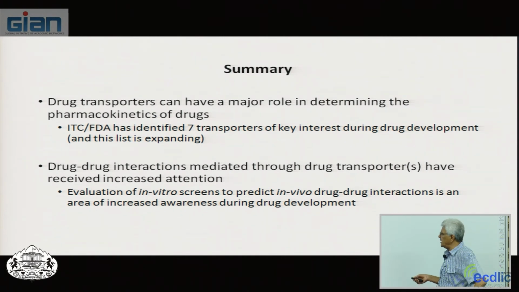Drug-drug interactions mediated through drug transporters have received increased attention because of the clinical reports of toxicity and other adverse effects. And then evaluation of in vitro screens to predict in vivo drug-drug interactions is an area of increased awareness. So the FDA actually doesn't have any problem if you provide data with in vitro studies, so long as further down the road there is no effect when in vivo studies are conducted. Okay.